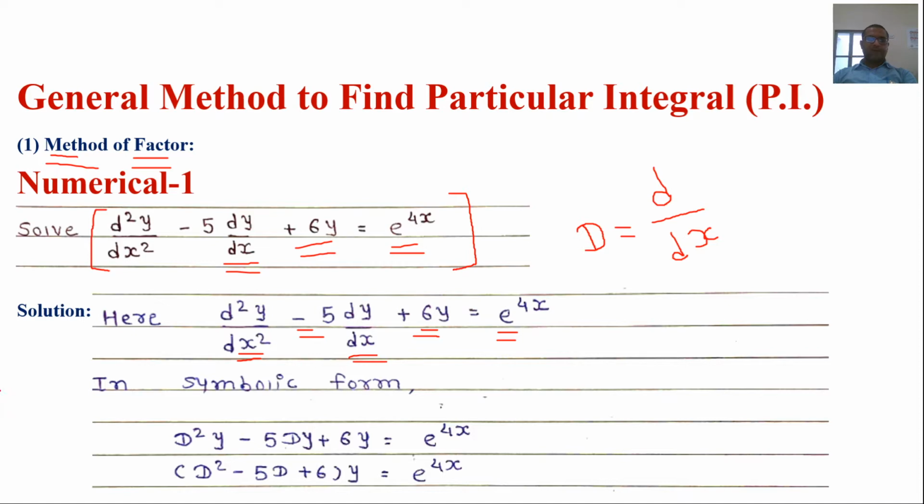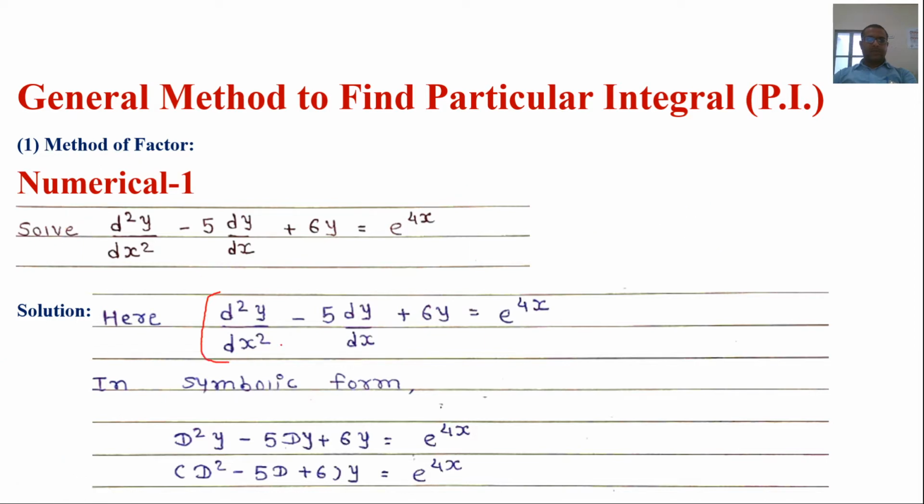Here you can observe that the first term d square y upon dx square is written as D square y, and the second term dy by dx is written as Dy.